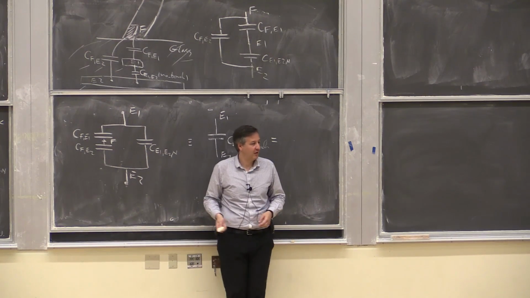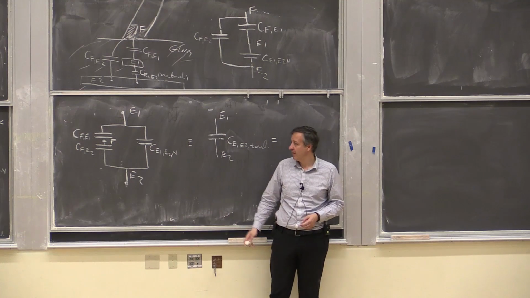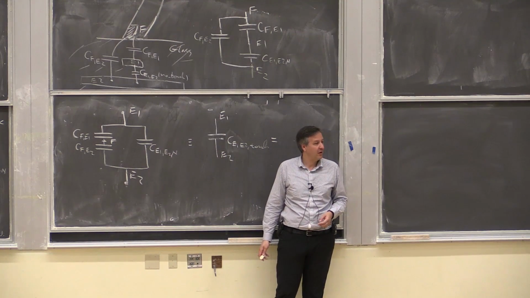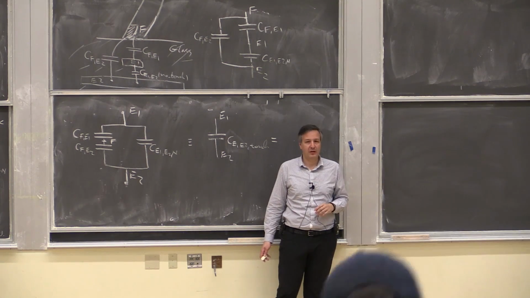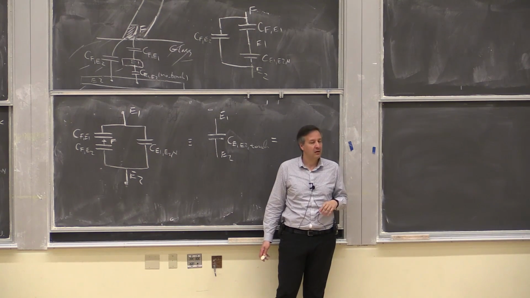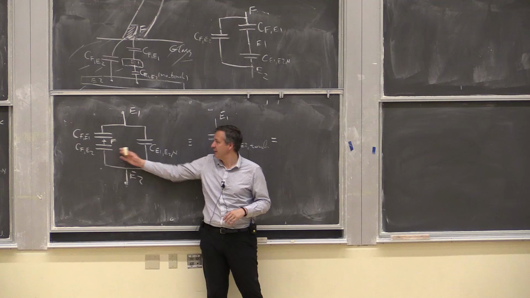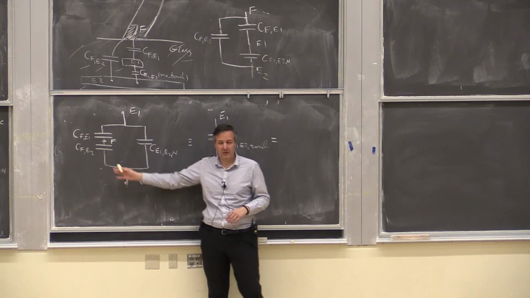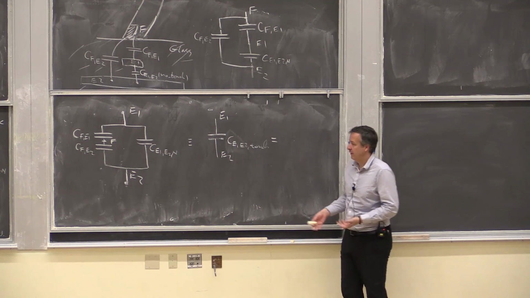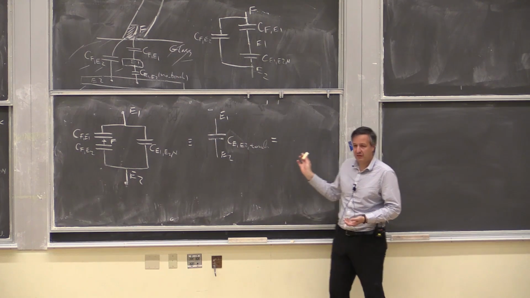Yeah, it's not going to be equal. It doesn't have to be equal. Just topologically, these two are in series, and this one is in parallel with this, right? So, okay. How do we start?